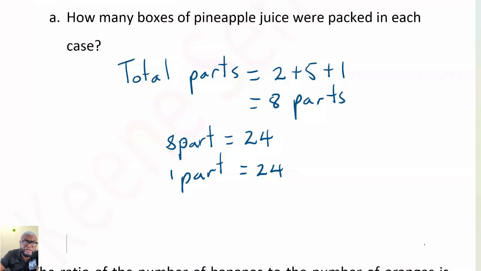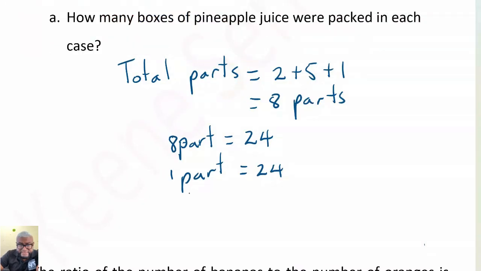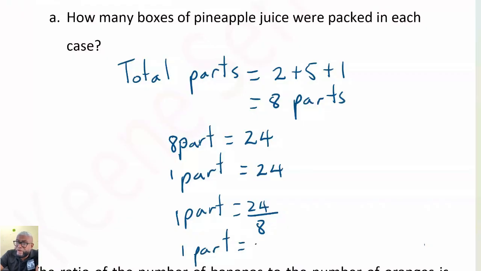No, not 3. 8 parts is 24. Yeah, 8. So 1 part is equal to 24 divided by 8. 1 part is 3.